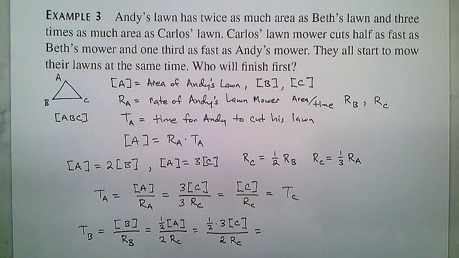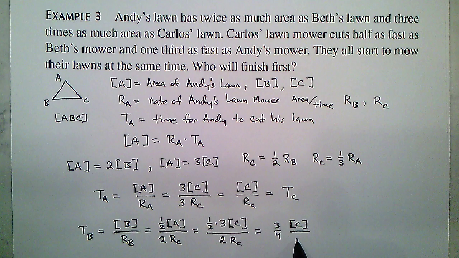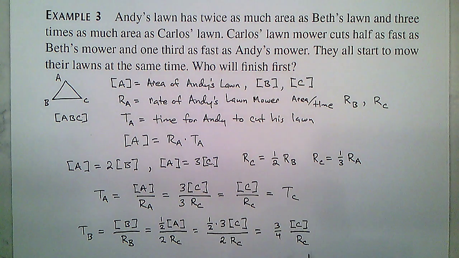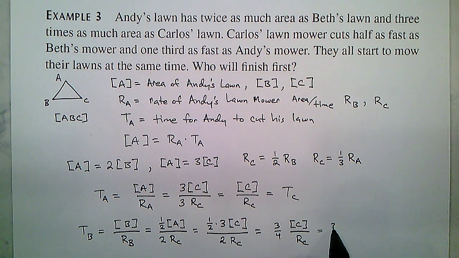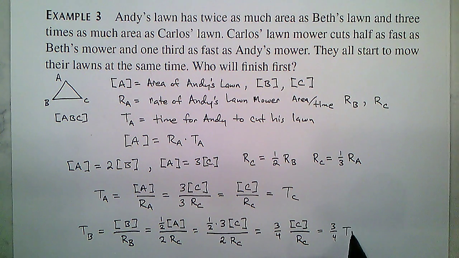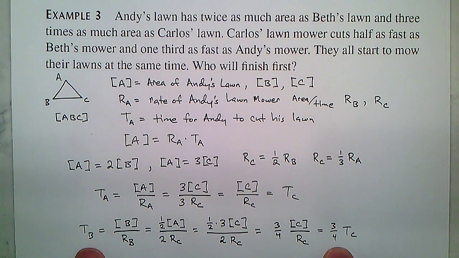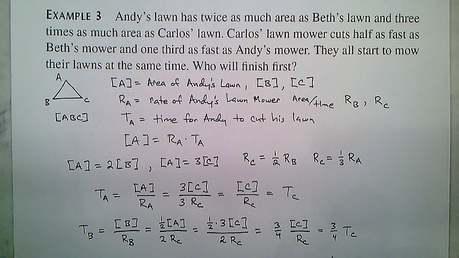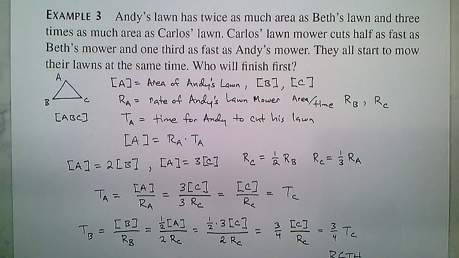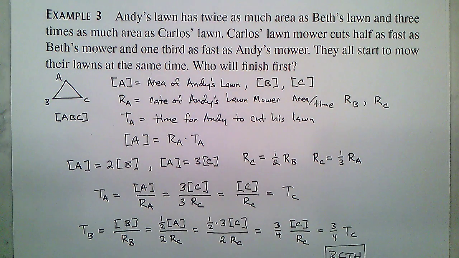This simplifies to 3/2 times 1/2, or 3/4 of Carlos's area divided by Carlos's rate, which is 3/4 the time of Carlos. Sure enough, Beth's time to cut her lawn is 3/4 of Carlos's time. So Beth is going to be the person that finishes first.